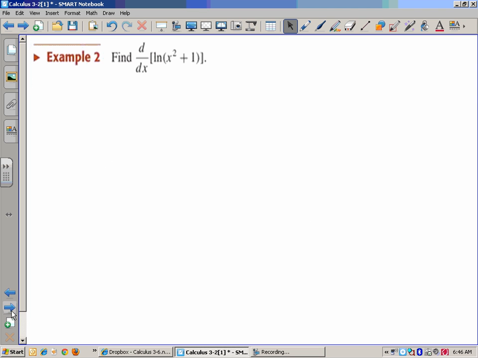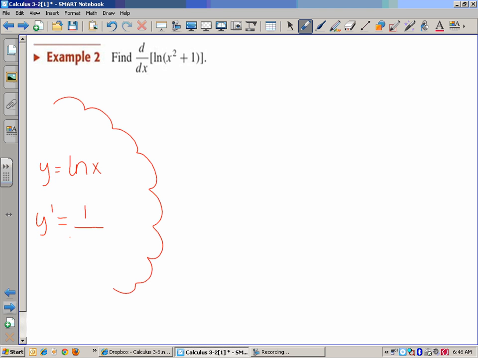Example 2, find the derivative of the natural log of x squared plus 1. What we're going to do here is apply the chain rule as well as the new rule for the natural log. Let me remind you, if this is our function, then y prime is going to be 1 over that thing times the derivative of that thing.